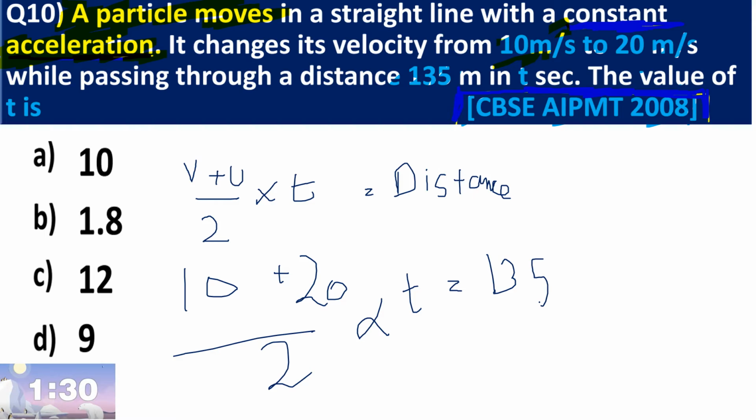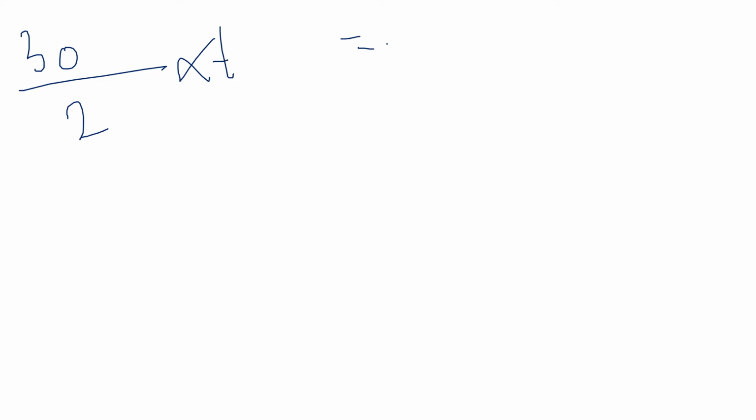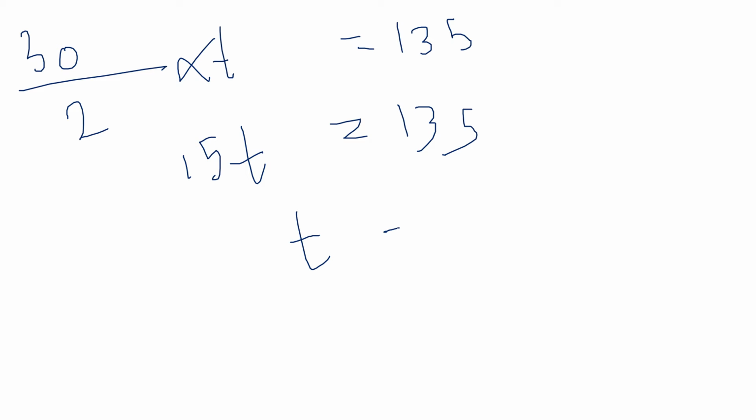So 30 by 2 into T is equal to 135. Okay, so it is 15 T is equal to 135. Now T will be 9 seconds. So our answer will be 9 seconds.